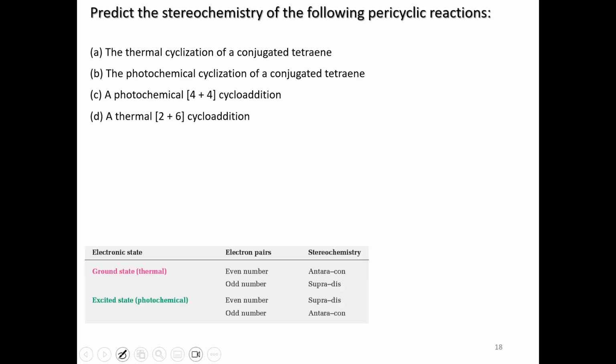This one is easy. This one comes from the first table that we used last week. I just would like you to think about and prove it. So think about all these movements to form the new product, if it's a thermal cyclization with a conjugated tetraene. Thermal means not photochemically activated.